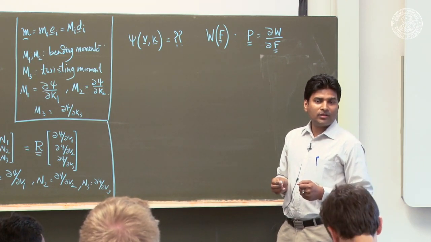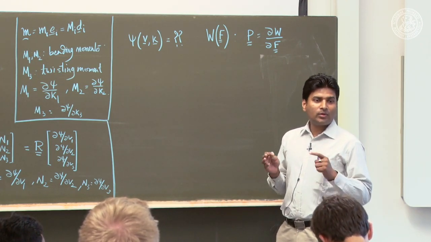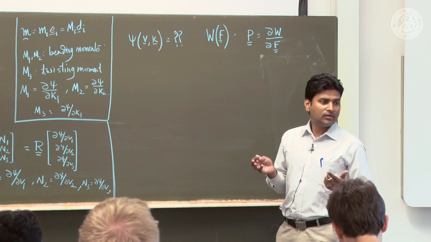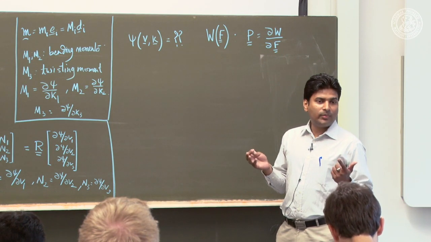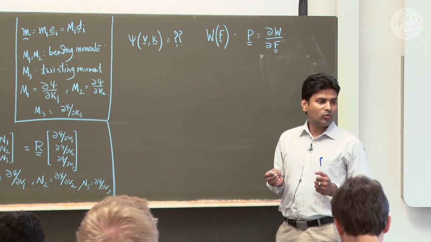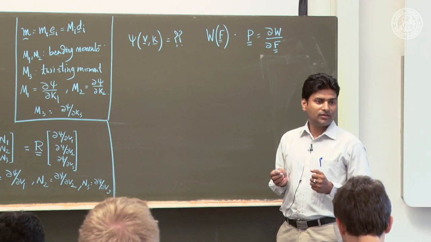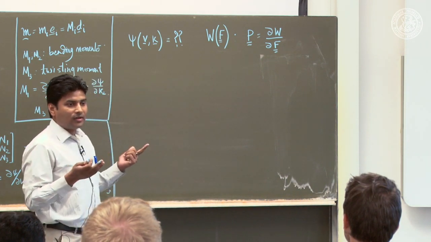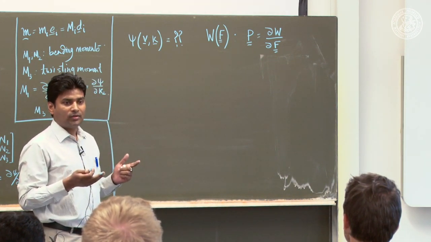If we don't have a clue about what should be the form of the energy function, the best is to write it as a quadratic expression for the energy. I'm not saying it's the best, but it's the most intuitive thing to do right away.